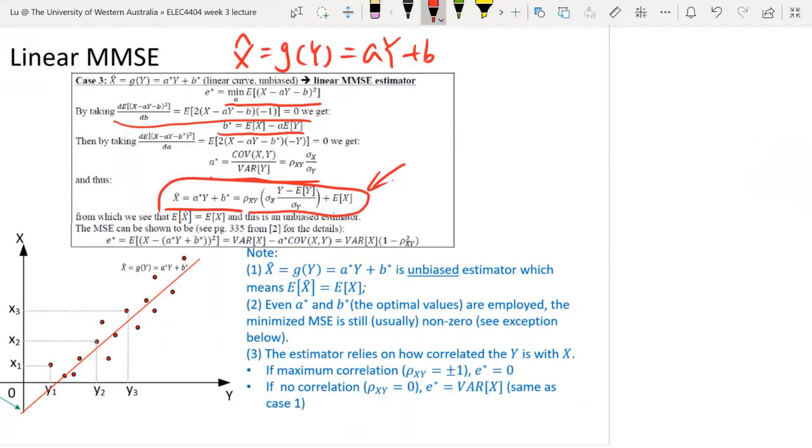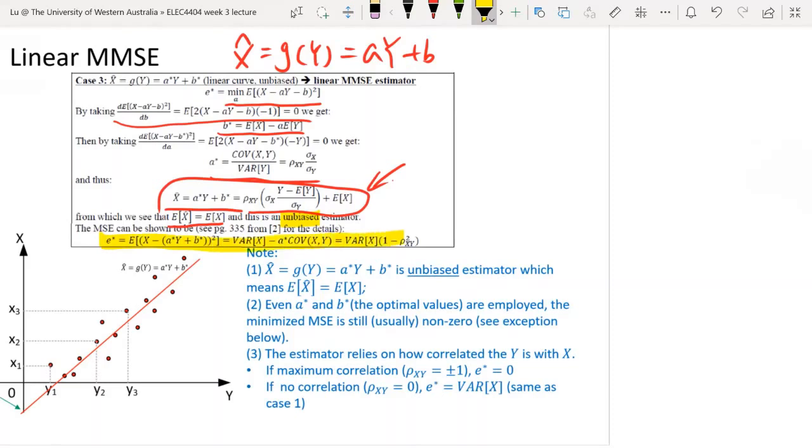For such an estimator, its expectation is the same as the expectation of the original variable X. So this is an unbiased estimator, which is a good thing. And if we use a star and b star, the best values, in this estimator, the corresponding minimized mean square error is calculated here.